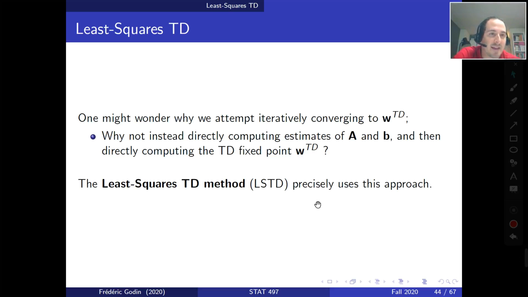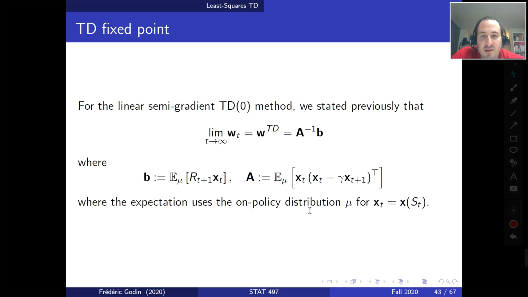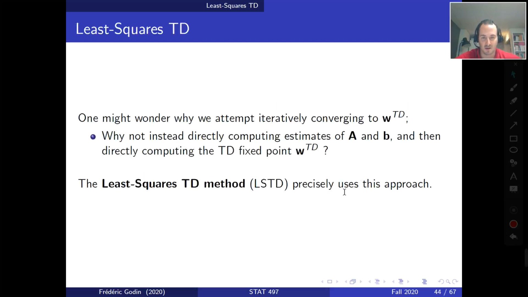Typically the least squares TD method simulates a bunch of episodes, and then across all these episodes, it estimates these expectations by the sample averages of these quantities. So you can calculate the sample average of rewards times the feature vector, or this matrix product of state vectors.